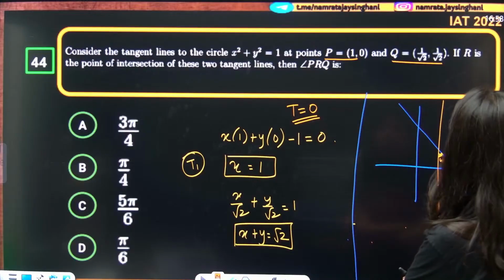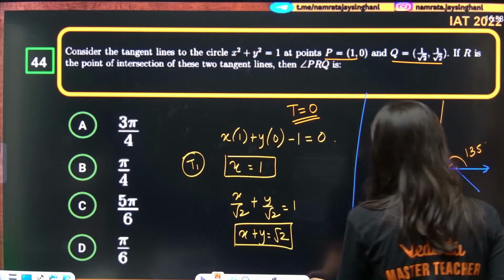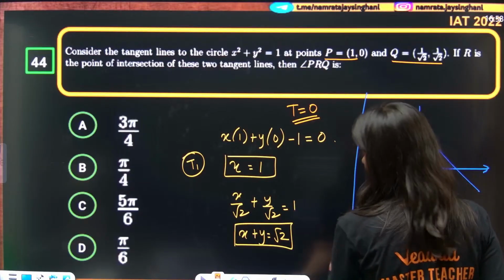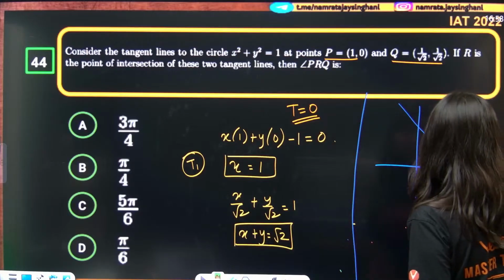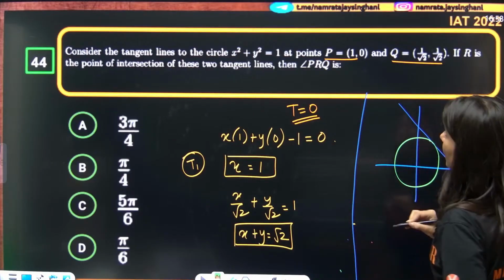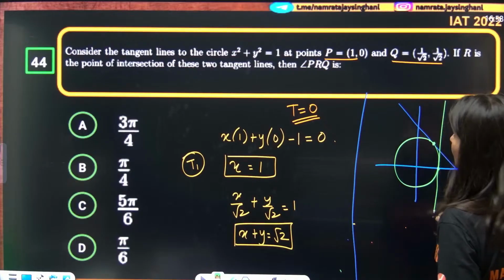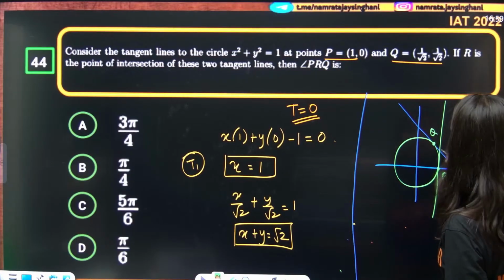But they are talking about angle PRQ. Hold on. They are not talking about that angle. Let me just check. Two tangents for this. Yes, so this is your circle. (1, 0) is this, and this is another point. P point is this, Q point is this, and R is the point of intersection.